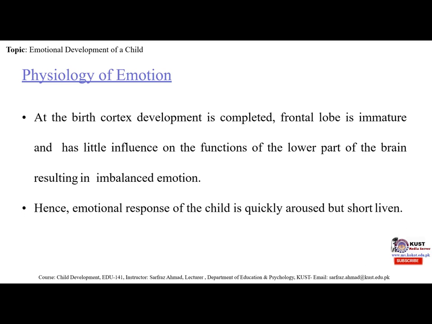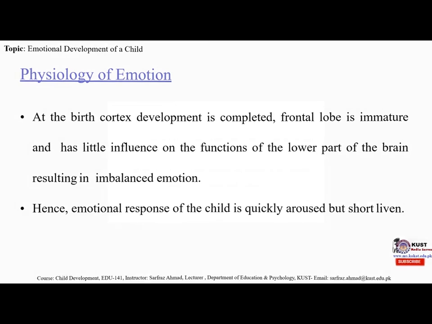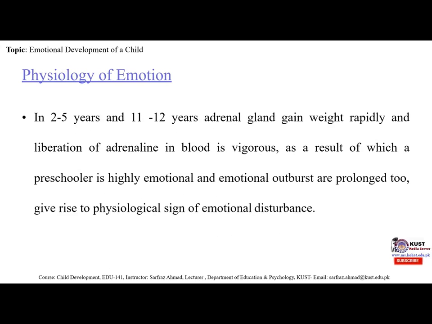The emotional response of the child always arises quickly, but is short lived. At 2 to 5 years and 11 to 12 years, the adrenal gland grows rapidly, and the liberation of adrenaline in the blood is vigorous. As a result, a preschooler is highly emotional, and emotional outbursts are prolonged too. That gives rise to physiological signs of emotional disturbance.